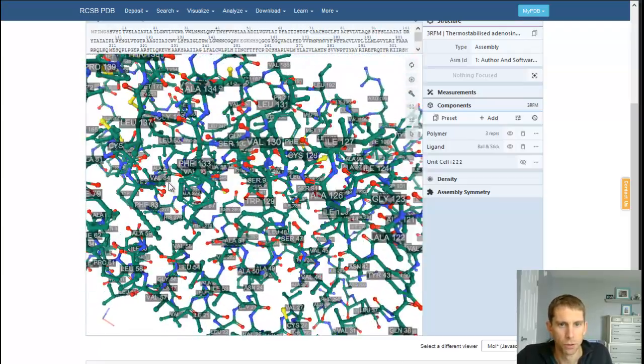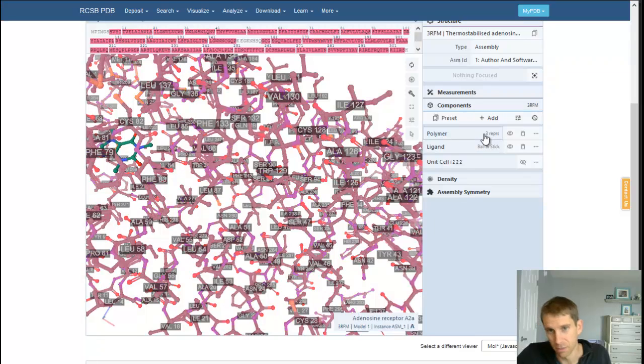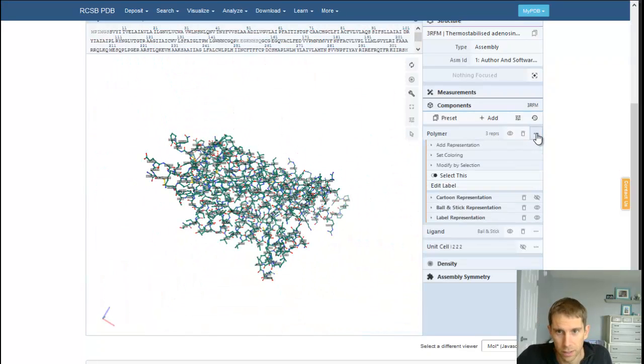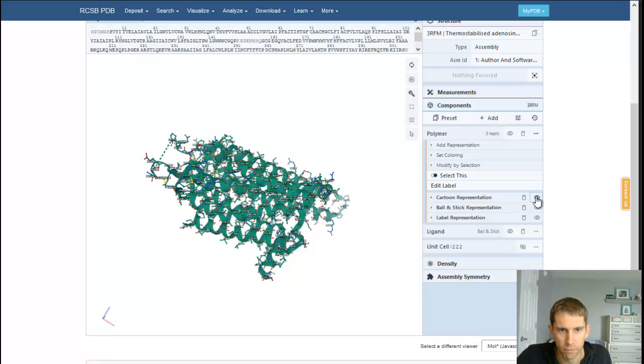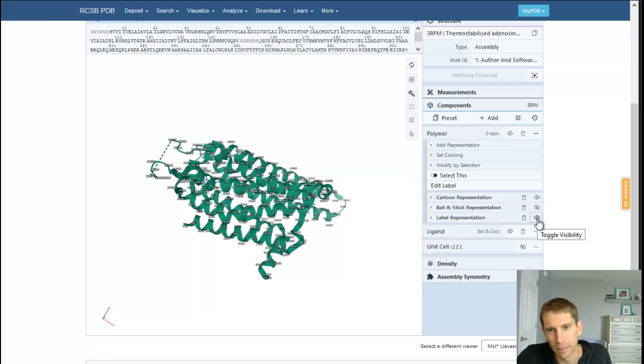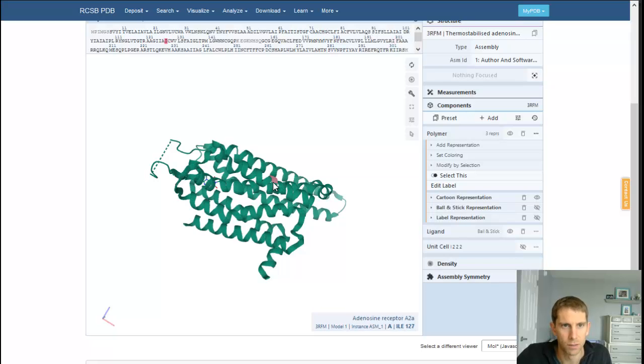After looking at that, I think it makes the most sense to go back to the original representation, which was the cartoon representation for the amino acids, not show the ball and stick representation. And I don't think labels are all that helpful either, because once we hover over an amino acid, we can see the one-letter label on top or the three-letter abbreviation of the amino acid in the bottom right-hand corner of the MolView viewer.